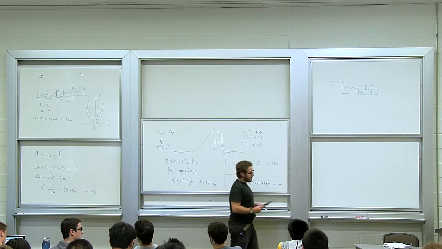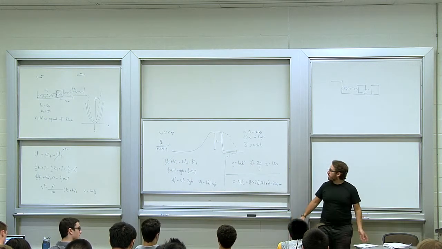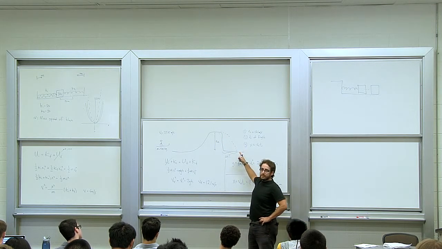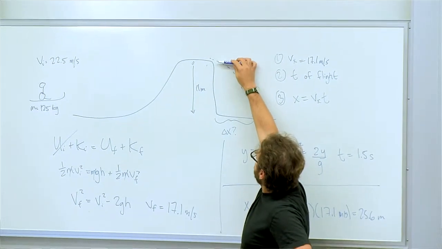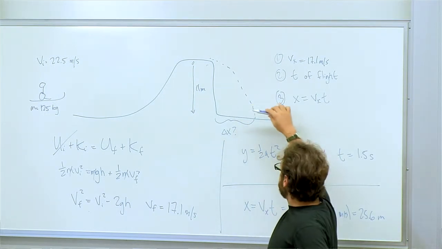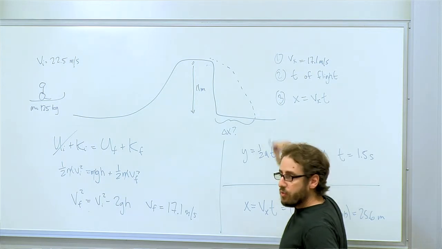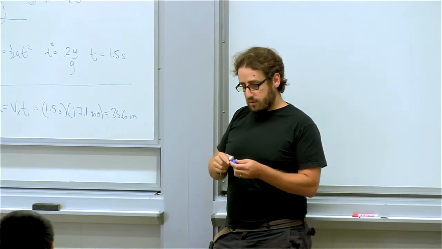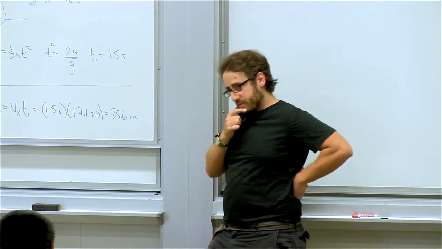So here his x velocity is basically constant, right? But from here to here he's gaining y velocity, right? What's going to be the magnitude of his y velocity just before he hits? 22.5. And why is that? Because of conservation of energy.